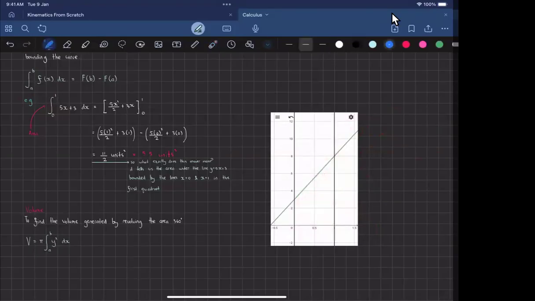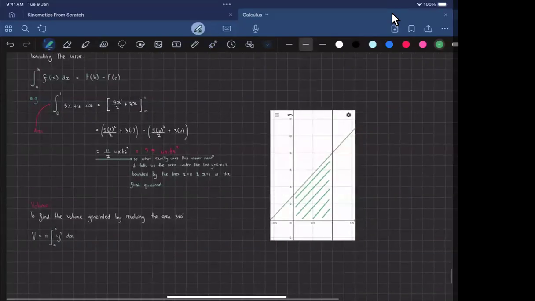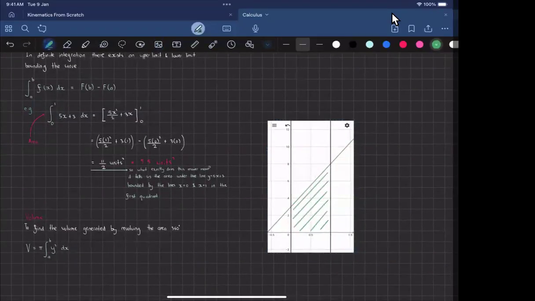Matter of fact, let me get a question like that for you now. Yes, Aliyah, you have to copy the diagram, because you need the diagram for it to make sense.